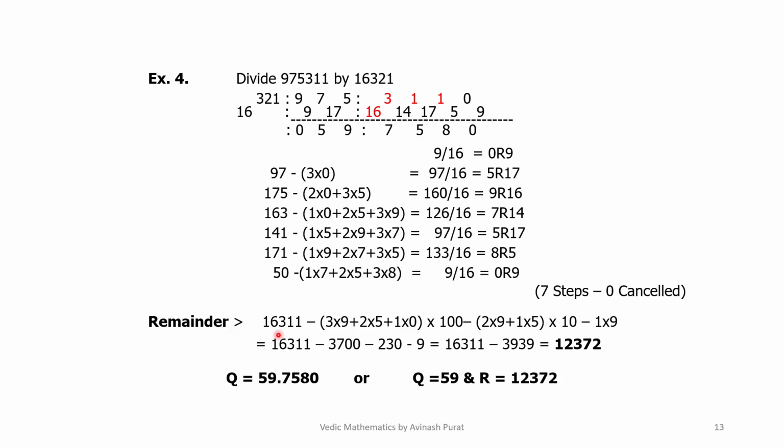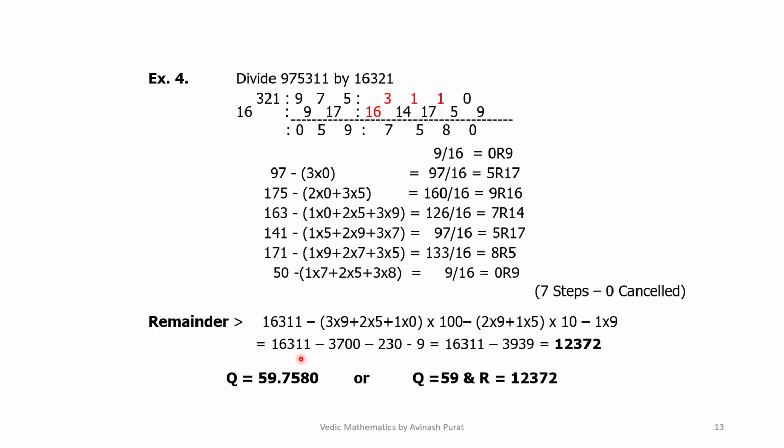The remainder is 16311 minus 3 into 9 plus 2 into 5 plus 1 into 0, into 100, plus 2 into 9 plus 1 into 5 multiplied by 10, plus minus 1 into 9.